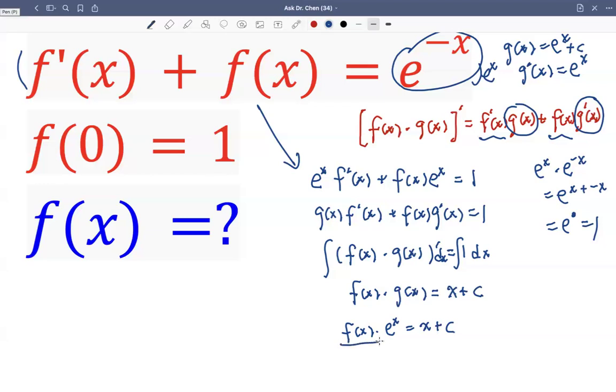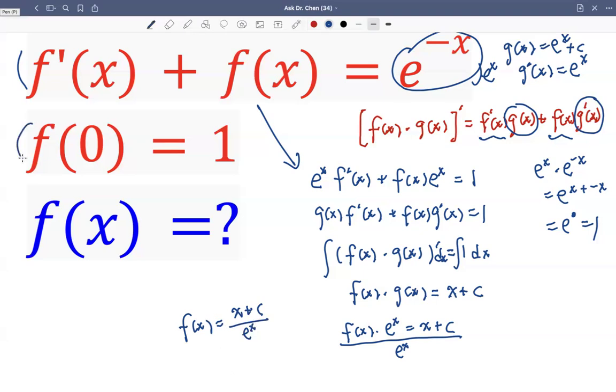Then we divide by e to the x on both sides, so we get f of x equals x plus some constant, divided by e to the x.